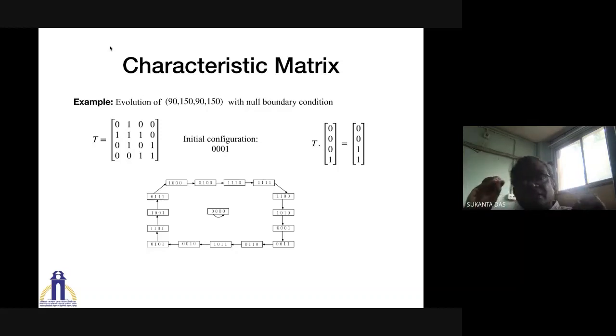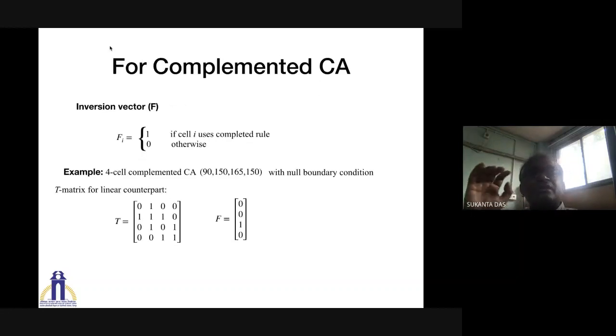So truly, strictly speaking, that CA is not linear. Hence, the CA is non-linear. However, it's very close to linear CA. So this CA can also be characterized by matrix algebra, or better to say, some extension of matrix algebra. For that, we need an inversion vector.